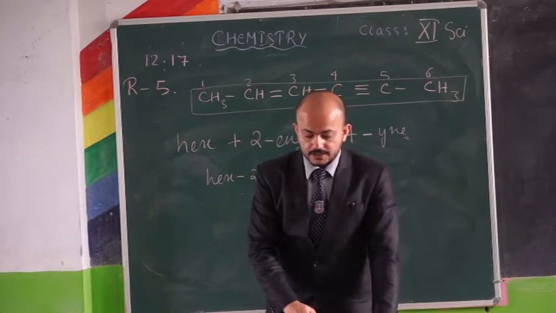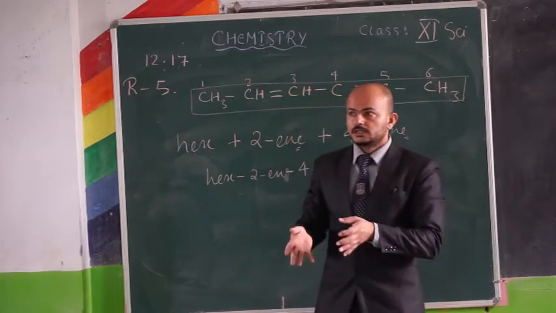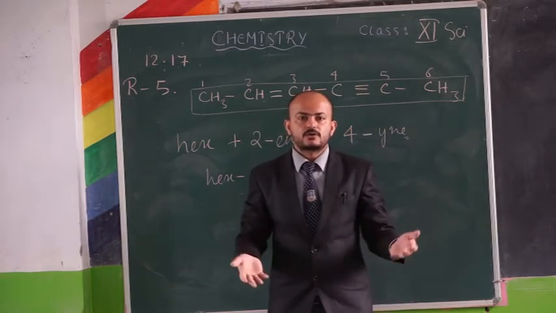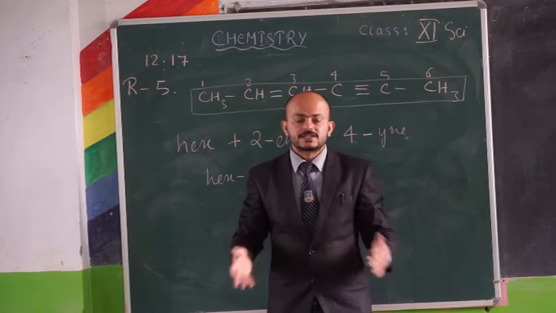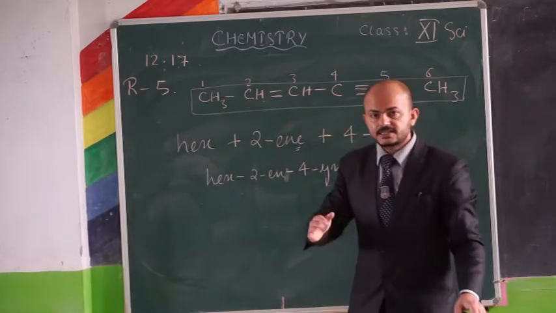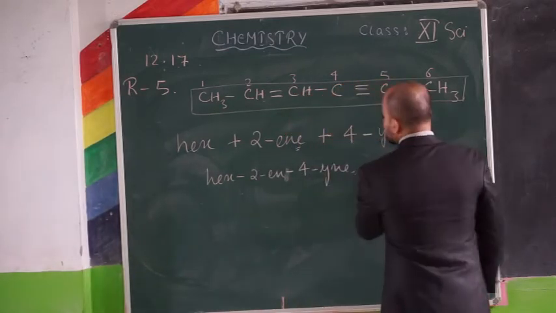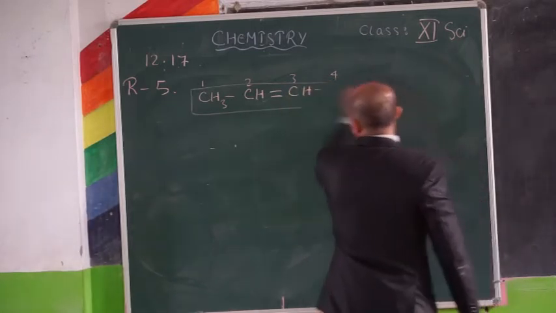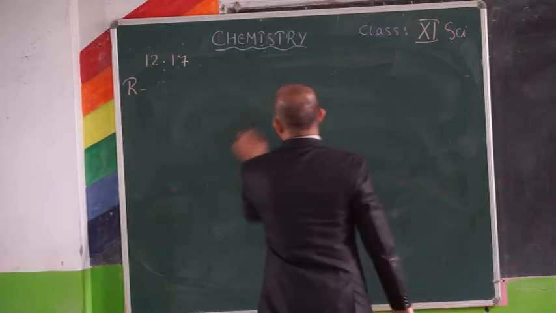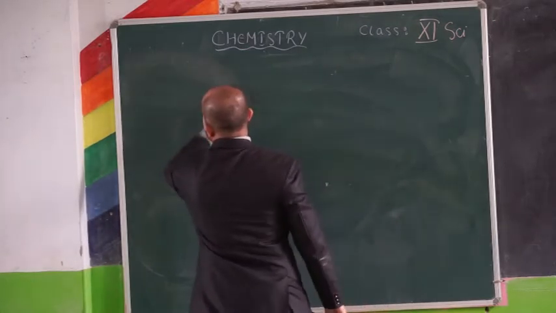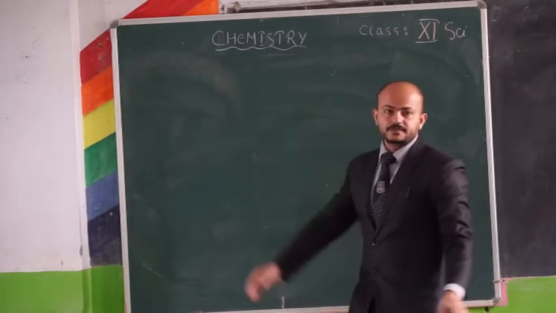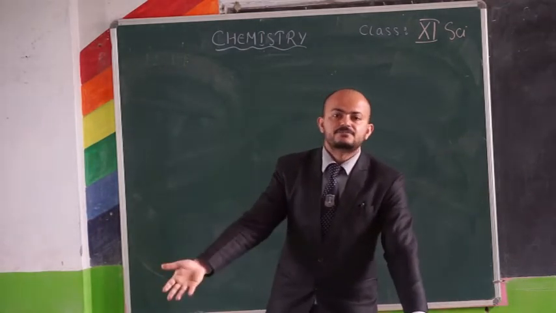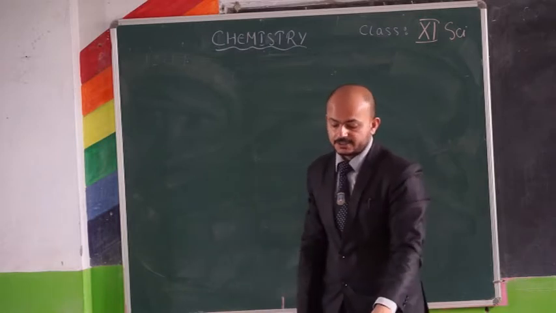Now let's move on to the compounds. Let's discuss those compounds which contain multiple bonding as well as a functional group. Let's discuss this in a systematic manner. Now we are going to discuss the compounds containing a functional group as well as a double bond, triple bond, and they may have prefixes also, some substituents.